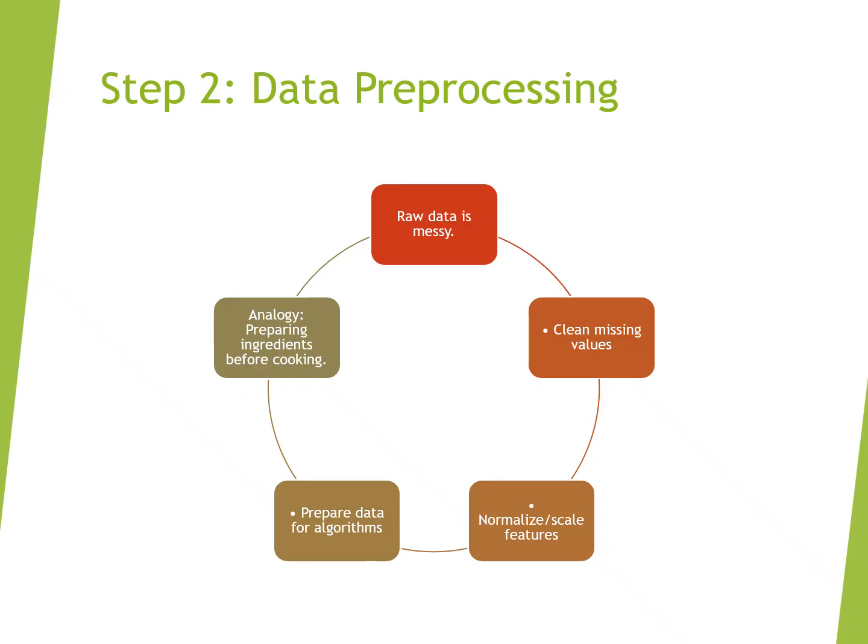So if we use it as is, the model will truly struggle. In pre-processing, what we mainly do is clean the missing values, normalize the features, and sometimes create new features. We'll talk more about feature scaling in the future slides. Think of this as preparing, as I mentioned, like arranging the ingredients before cooking.